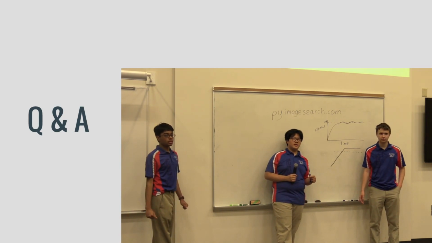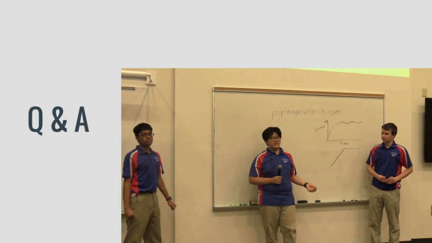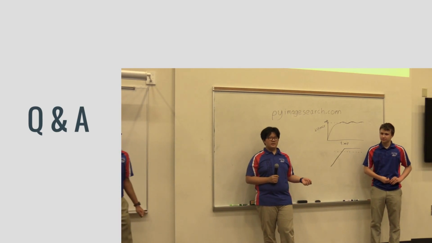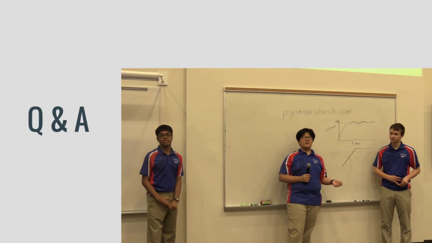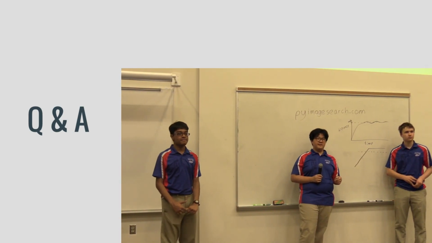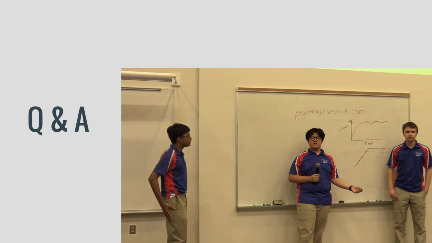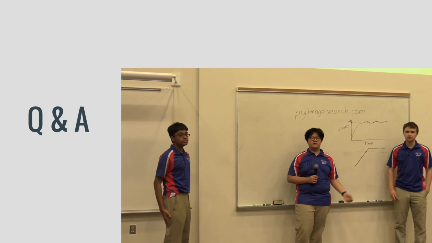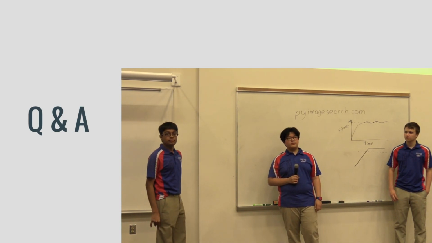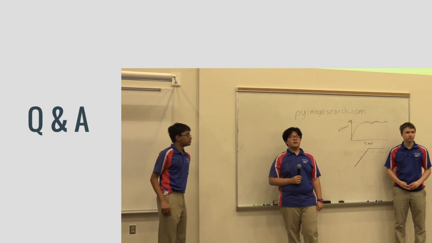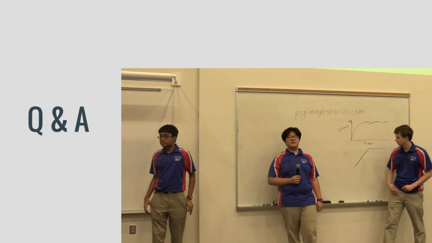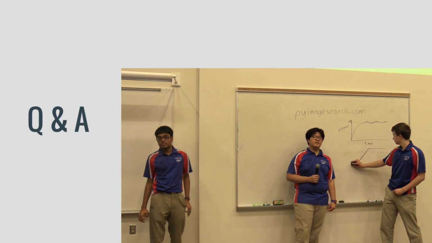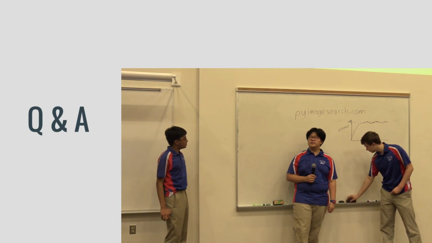TensorFlow, for those of you who don't know, is the machine learning library that Google made. It's the thing that powers all of their image recognition stuff, and a lot of different companies use it. I think Twitter and Facebook also use it at some point. It's a neural network machine learning library, so I can't really explain how that works because it's out of scope of this presentation.